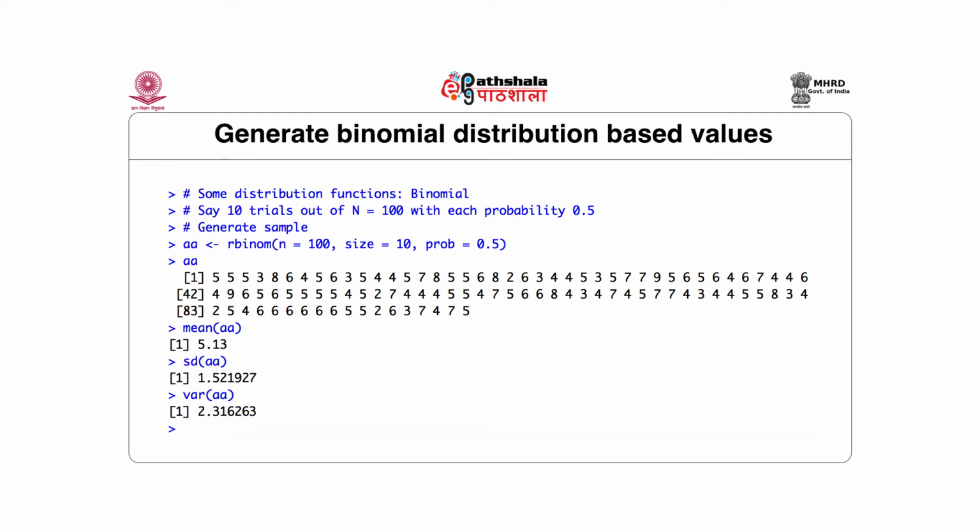Out of those 10 runs, I got a head 5 times. I got a head 6 times. You record that. And then those 10 runs of experiments are repeated 100 times, and for each of those 100 times, you record out of the 10 how often you got a head.